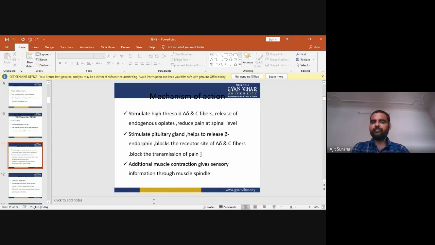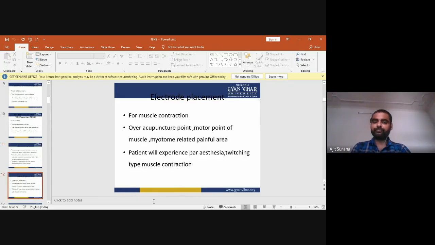First, they stimulate high threshold A delta and C fibers, releasing endogenous opiates, which reduce pain at the spinal level. They stimulate the pituitary gland, helping to release beta endorphin, and block the receptor sites of A delta and C fibers. They block the transmission of pain. Additional muscle contraction gives sensory information through the muscle spindle.